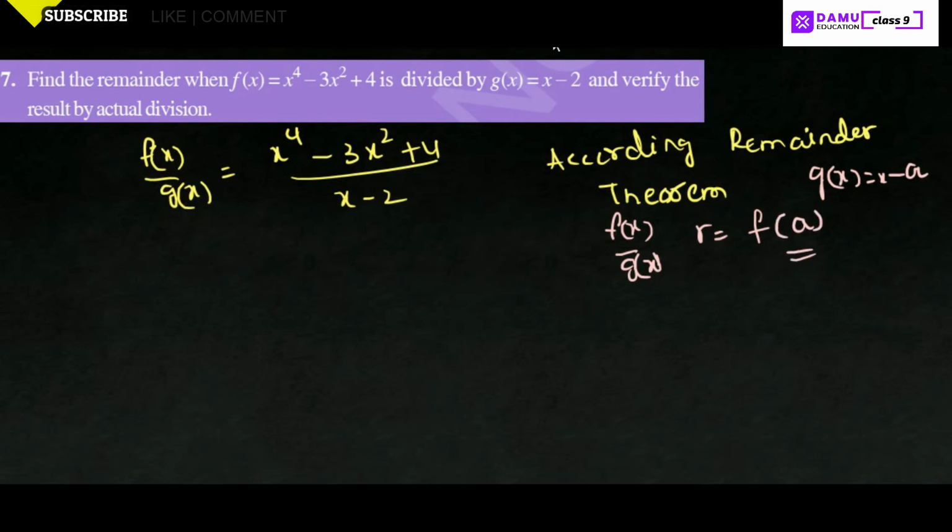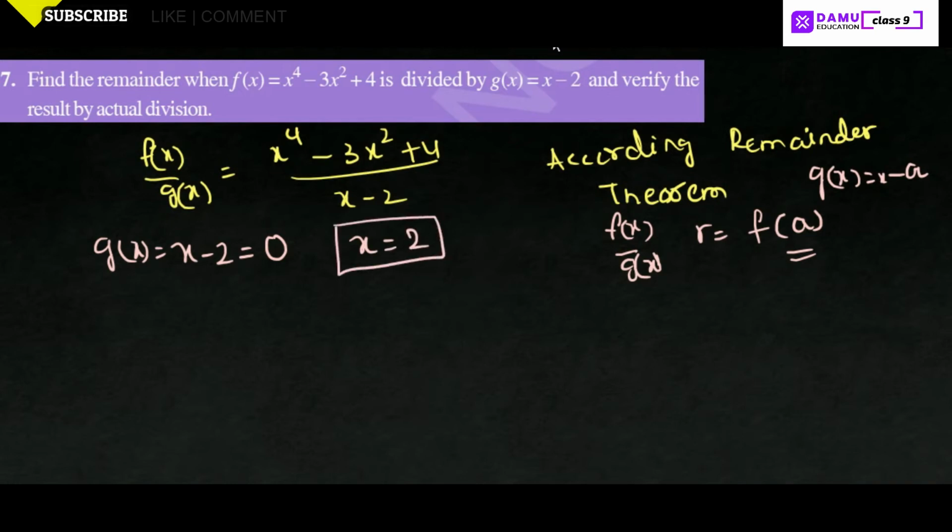Here we equate g of x, x minus 2, with 0. So x minus 2 is equal to 0, then x is equal to 2.